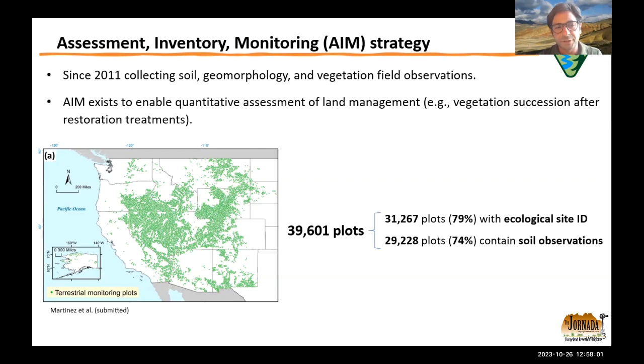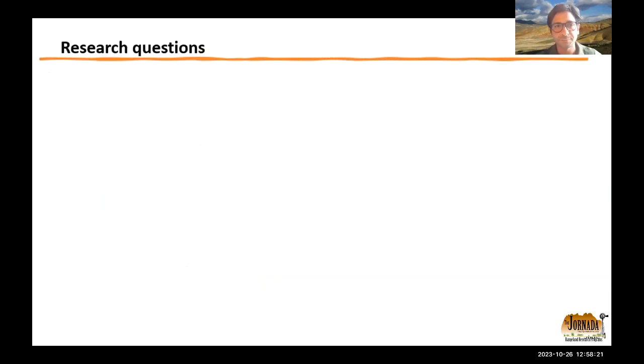This map here shows the location of the AIM plots where information was collected. Today, we have certainly more than 40,000 monitoring plots, and among these plots, 79% contain an ecological site that was identified, and 74% of the plots contain some sort of soil observations.